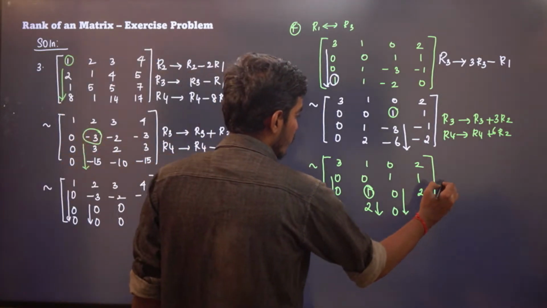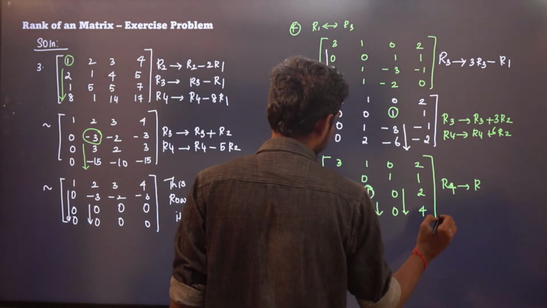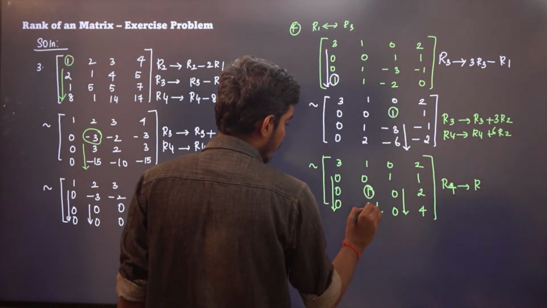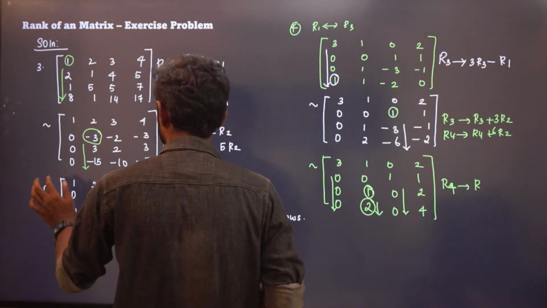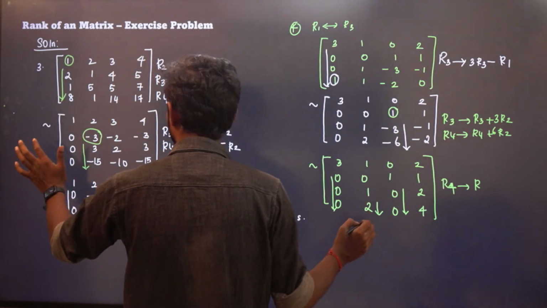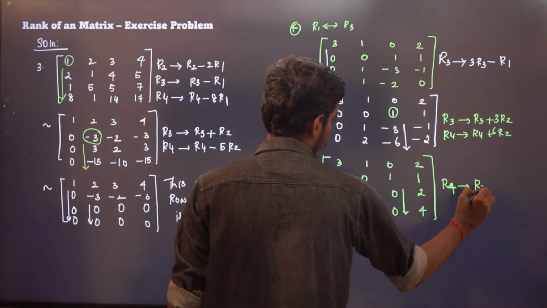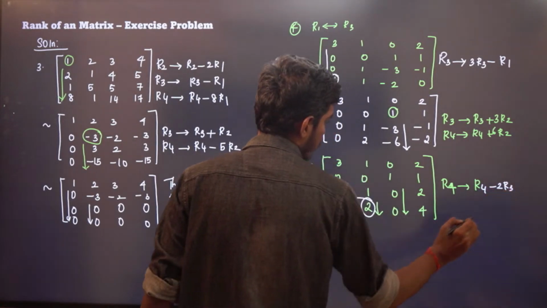So what we will do? R4 is equal to, we have to make this as 0 now. So R4 minus 2 times R3.